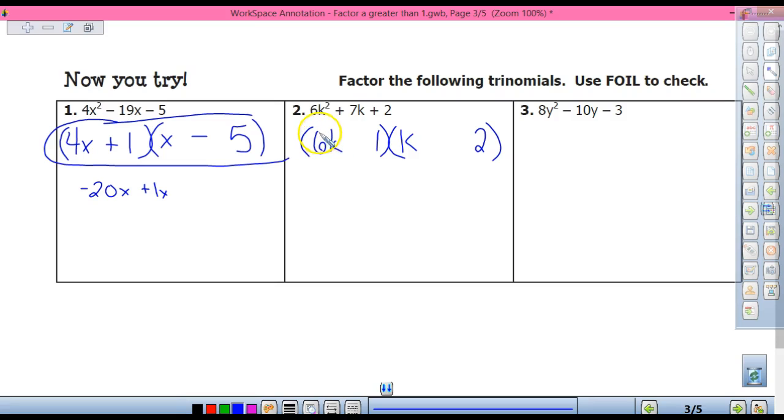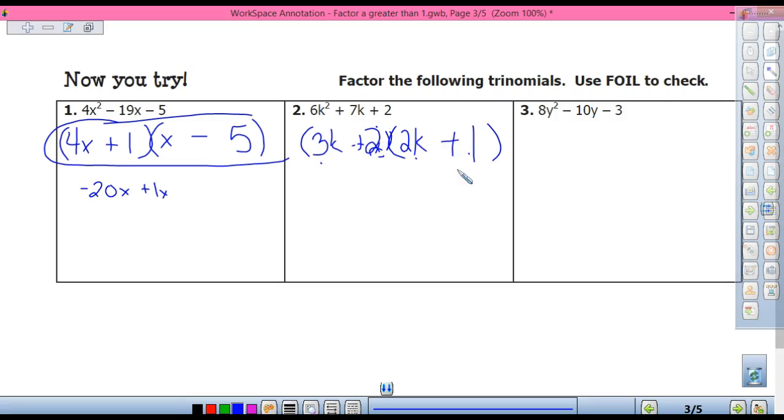Alright, so you're thinking we got to change this to 3 and 2, so 3k and 2k. And then what? So you went with a plus 2, a plus 2 and a plus 1?